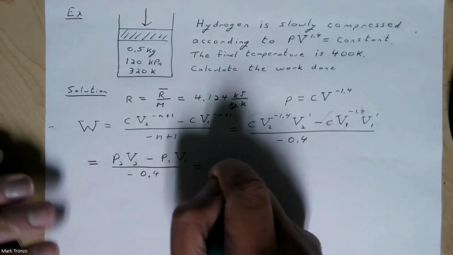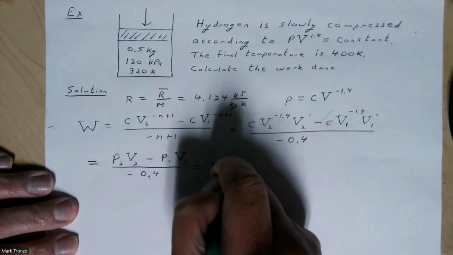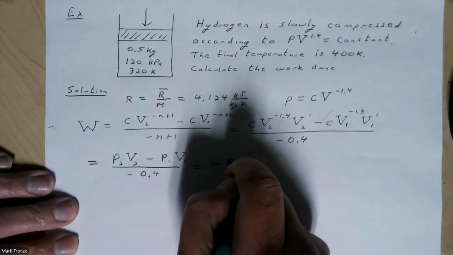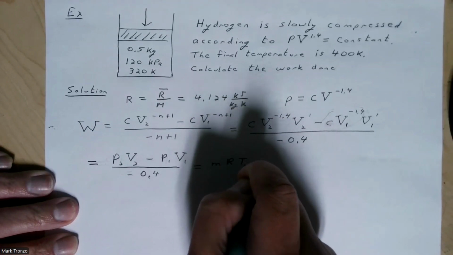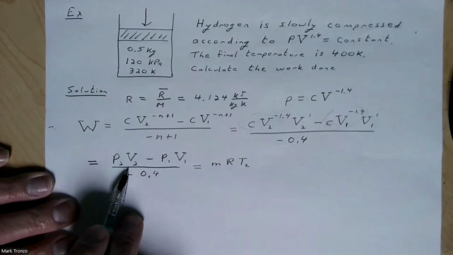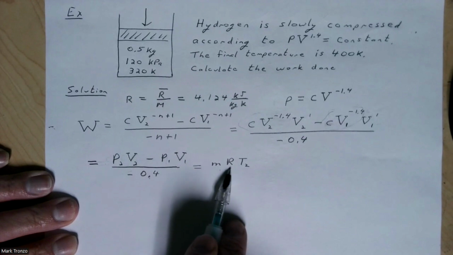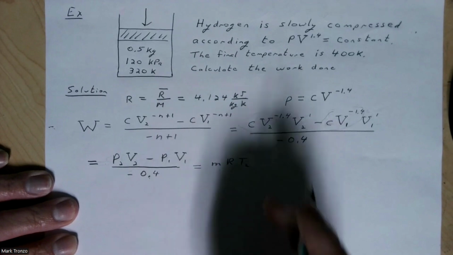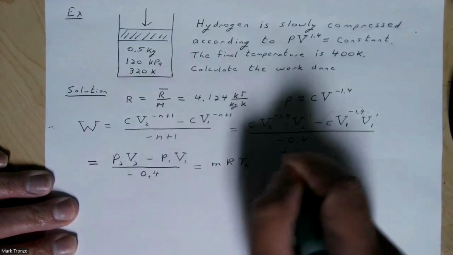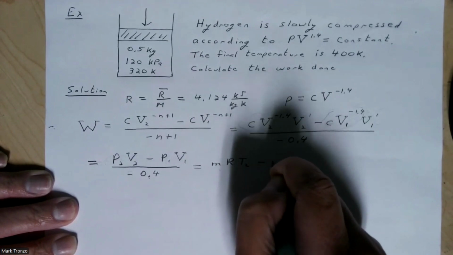So we'll replace this with MRT, and of course, that's going to be T2. Obviously, the M is the same and the R is the same for both states. And replace PV with MRT.